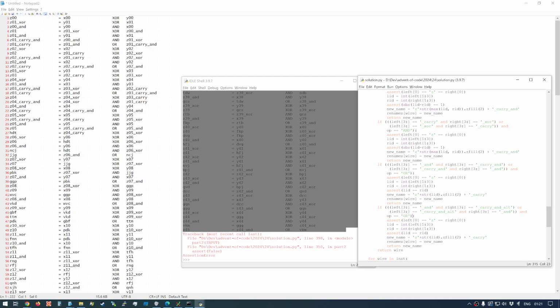Here. Carry exclusive or this. So HDT is supposed to be swapped with... Is that Z4 carry? That doesn't sound right.